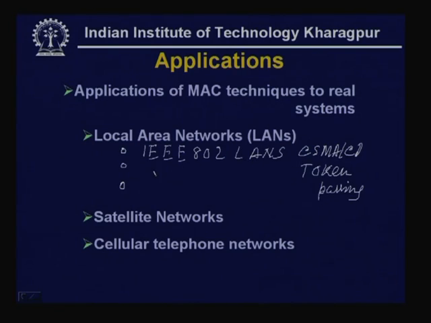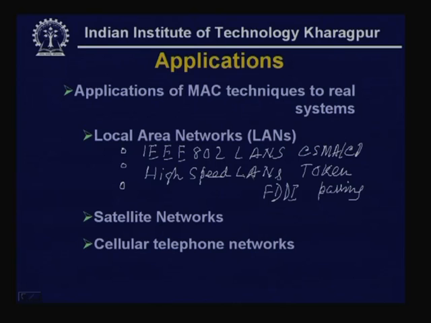We shall also discuss the high speed LANs, where these medium access control techniques are used in high speed LANs based on CSMA/CD, which are essentially fast Ethernet, gigabit Ethernet, and also FDDI, fiber distributed data interface, which uses token passing protocol.